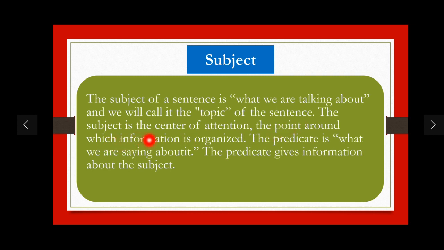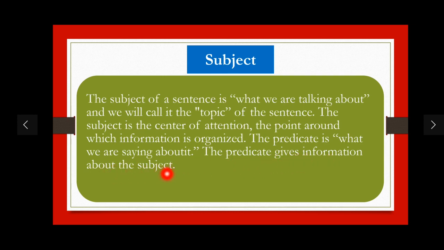So the subject is the center of attention, the point around which information is organized. All the information is organized around the subject, which is the topic. So the predicate is what we are saying about it. The predicate gives information about the subject.